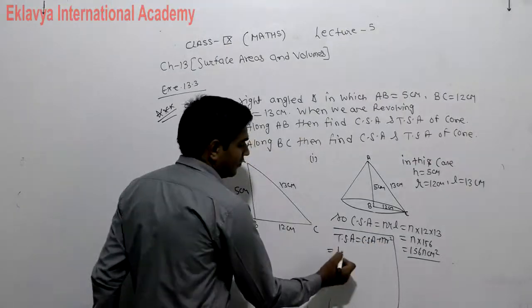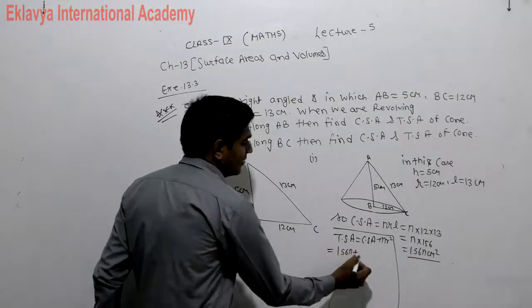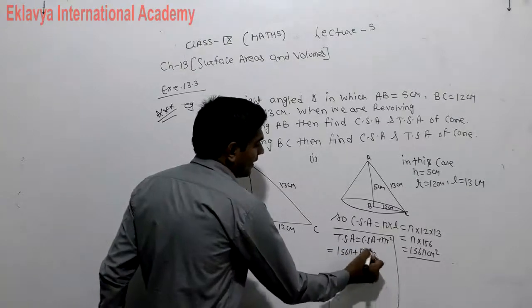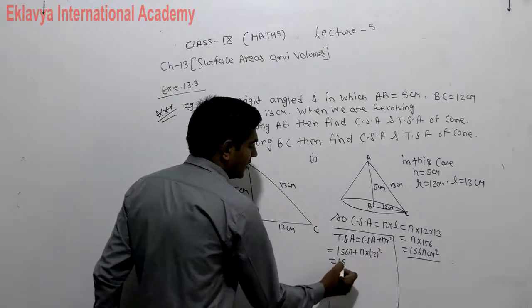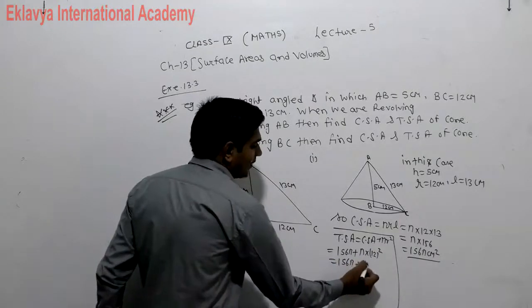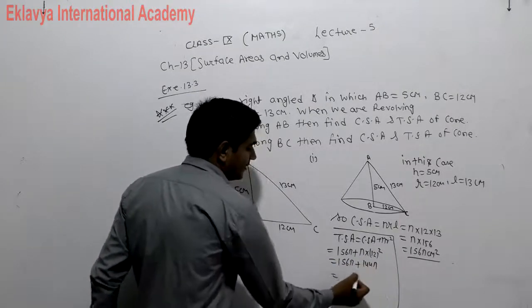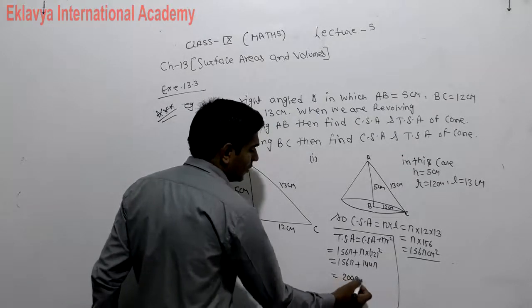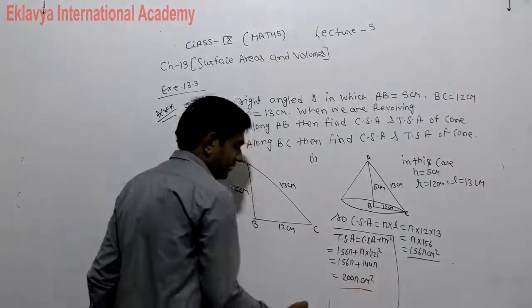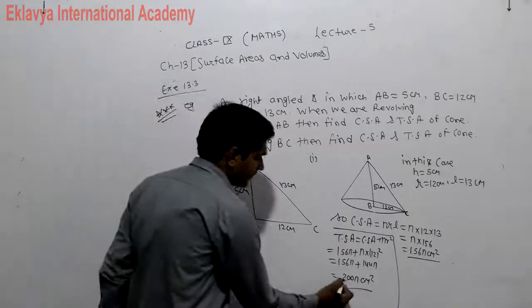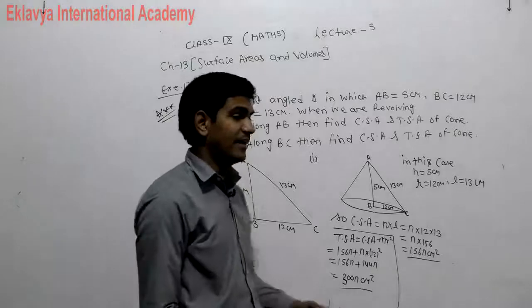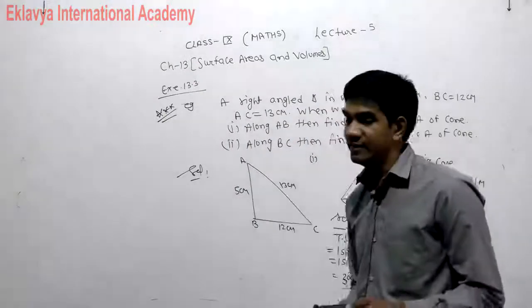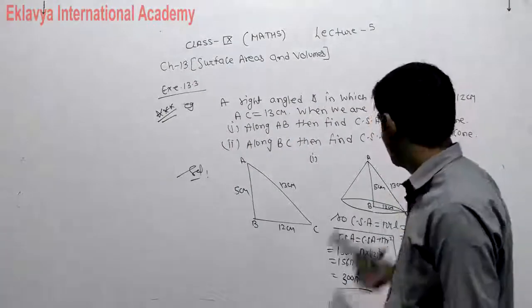So CSA 156 pi plus pi, what is the value of r? 12 square. 156 pi plus 144 pi, that will be 300 pi centimeter square. That is the total surface area of that cone.